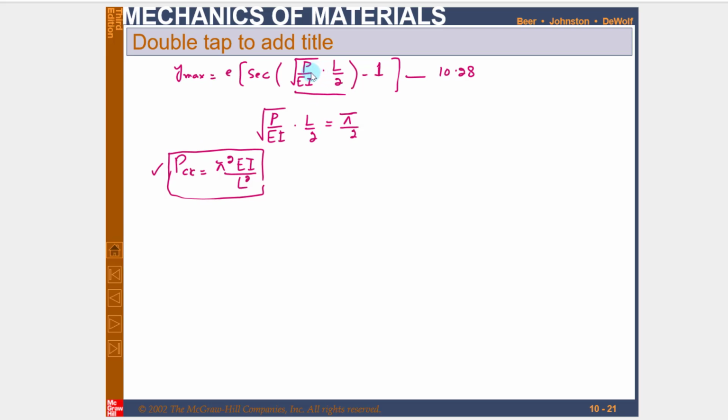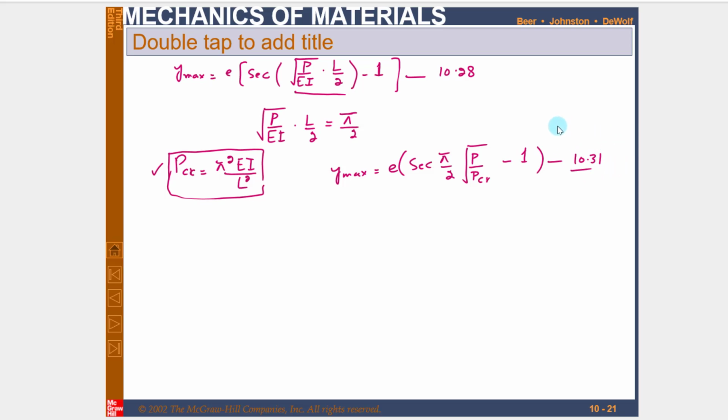So y max is equal to e into secant of pi by 2 times the square root of P over P critical, minus 1. So you can either use this y max, 10.28, or this equation, which is 10.31 in the book.